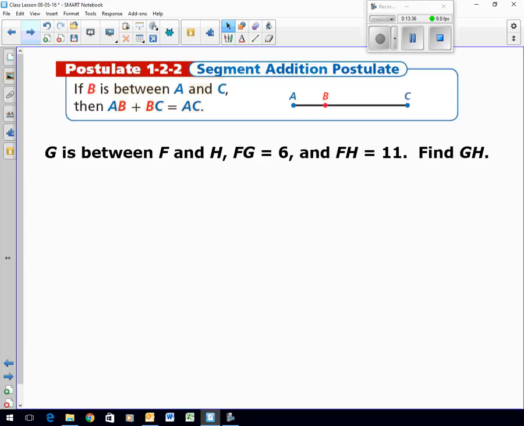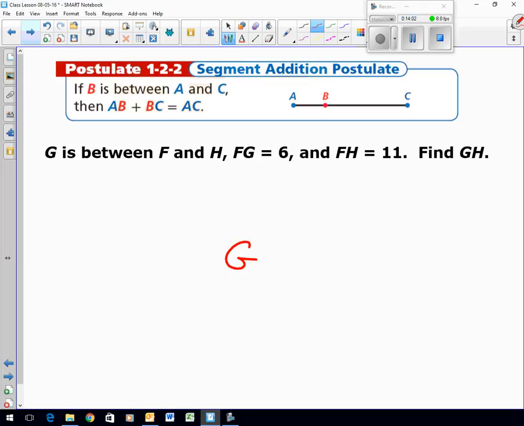Okay? All right. Here is my first tip of the year. I've got a word problem. Anytime you get a word problem in this math, draw a picture. Draw a picture and make life easy. G, which is a point, is between F and H. Stop right there.